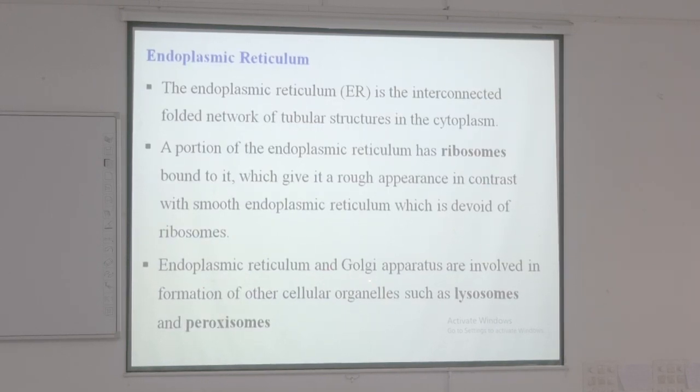Endoplasmic reticulum and Golgi apparatus are involved in the formation of cell organelles such as lysosomes and peroxisomes. You know lysosomes? What is another name of the lysosome? Why is it called the suicidal bag of the cell? Because it contains very strong hydrolytic enzymes.